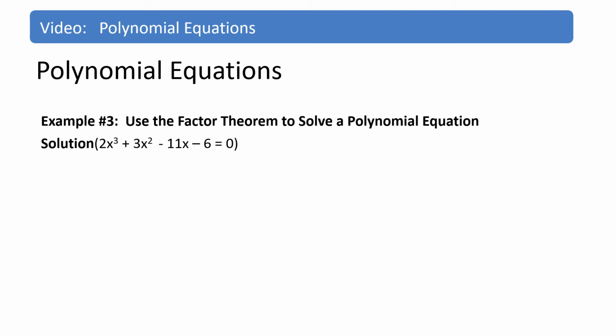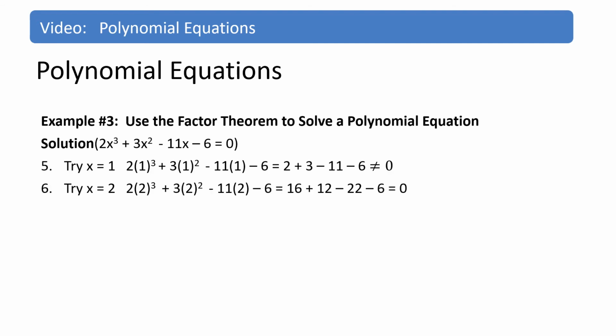Now, continuing on, we're going to try the first value, 1, in the equation that we were given. We will get 2 times 1 cubed plus 3 times 1 squared minus 11 minus 6, which is 2 + 3 - 11 - 6, which doesn't equal 0.